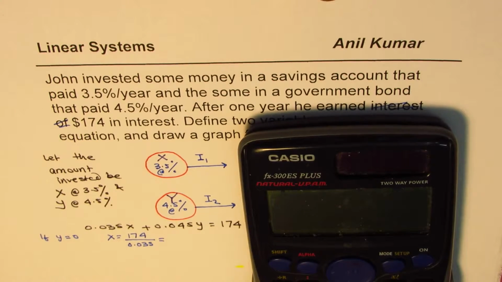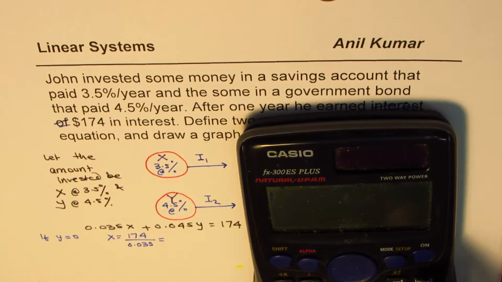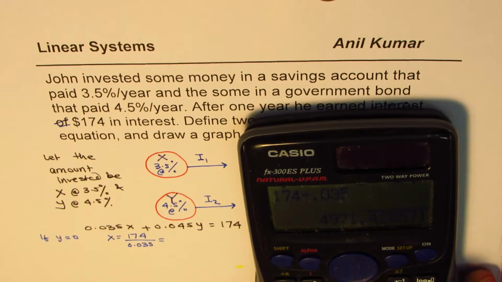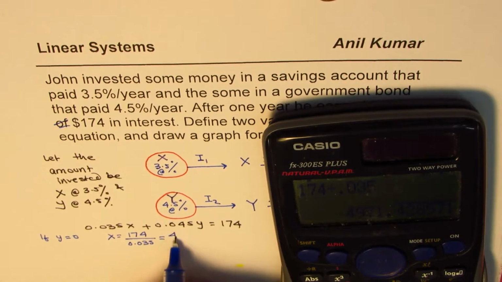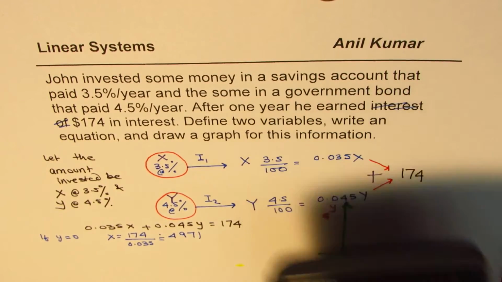When y is 0, let us say all the amount is invested in the savings account, which gives 3.5% interest. So in that case, we get 174 divided by 0.035, and this gives you 4971, let's say $4971. Let's approximate this, okay?